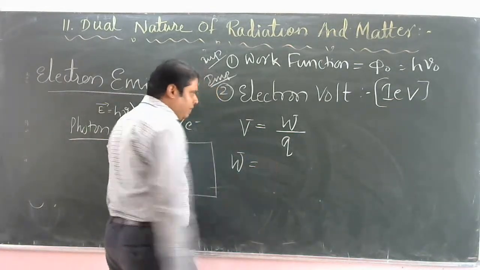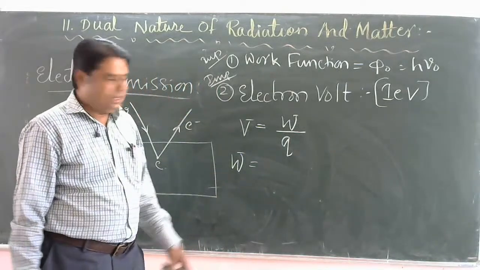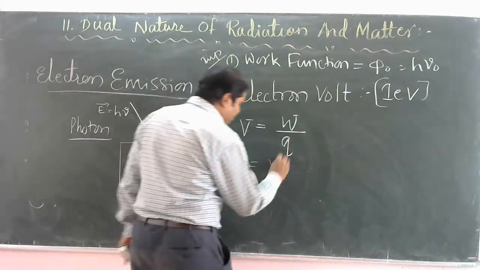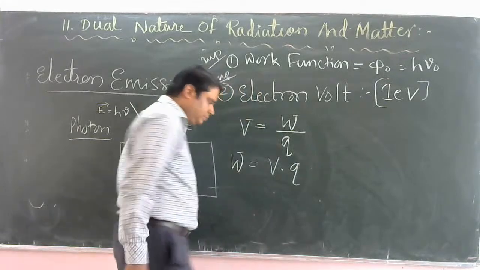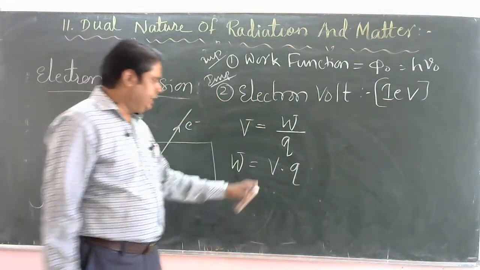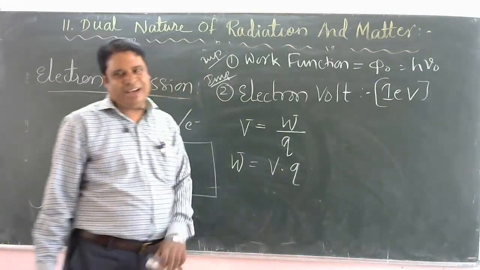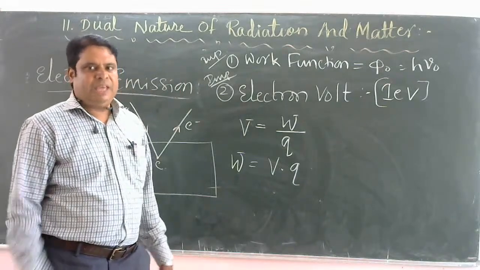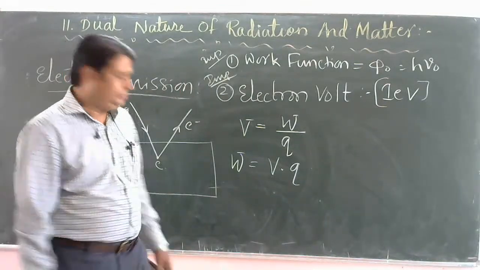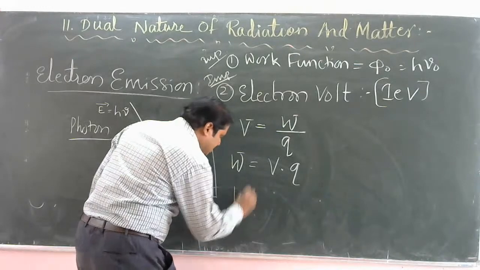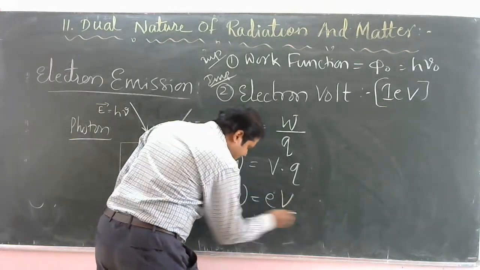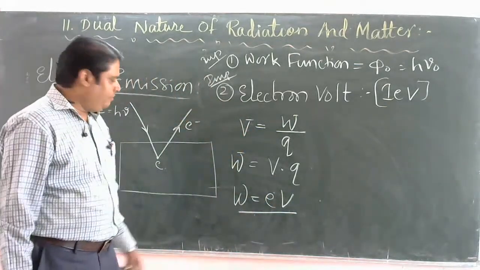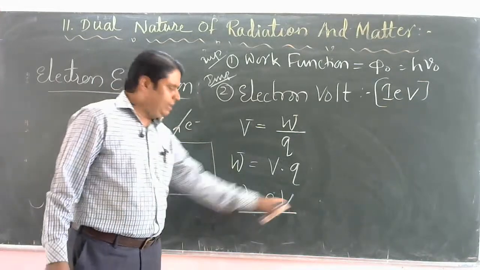If W represents the work function, then W is equal to V into Q, where V is the potential difference and Q is charge. If you consider this charge as an electron, then W is equal to eV, where W represents the work function in electron volt.